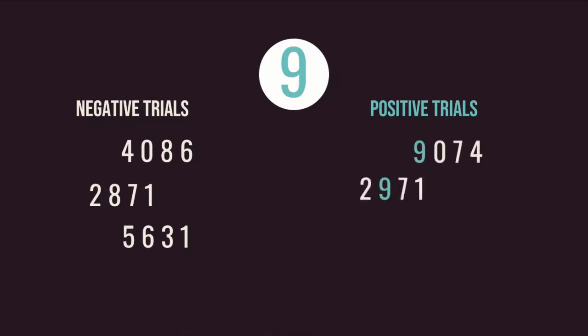So it will always take the maximum amount of search time. The positive trials where the target number is at the very end of the array, those will take the maximum search time. But some of the positive trials are going to take less than the maximum search time, right? Because the target will be early, or at least be earlier than the very end of the list.